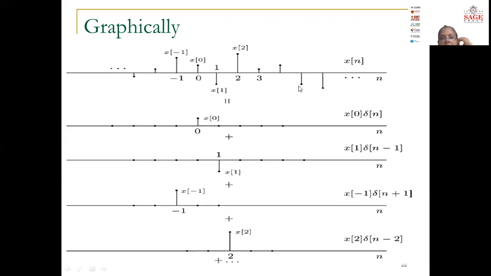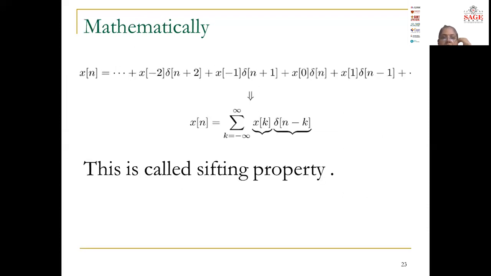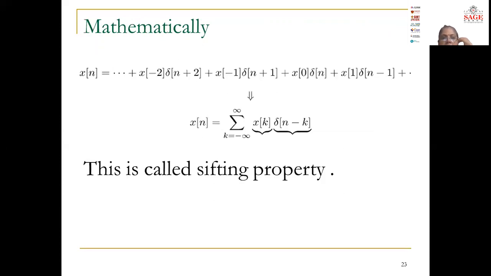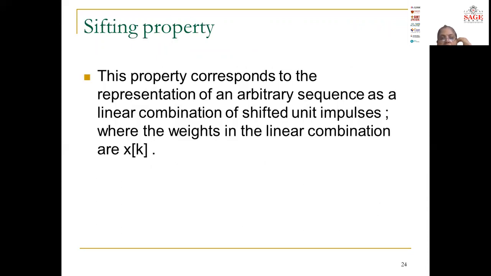So by shifting the impulse and multiplying with its input, we get the convolution sum. Mathematically, we have shown this by multiplying the input with the shifted impulses. This is also called the shifting property of the convolution.